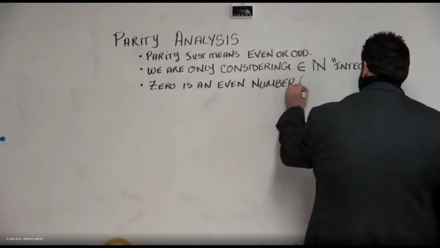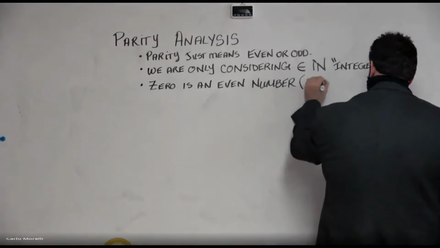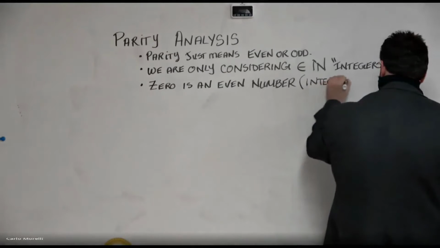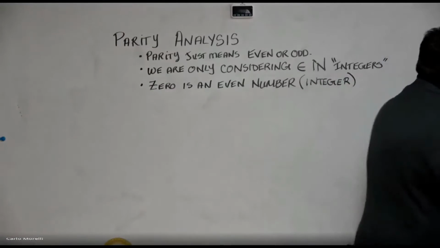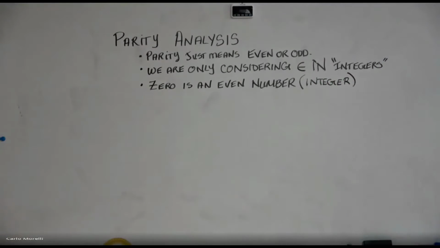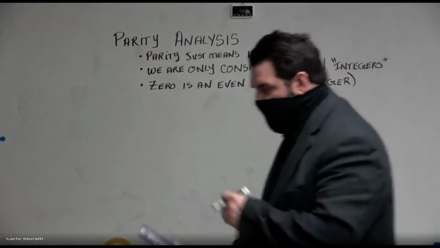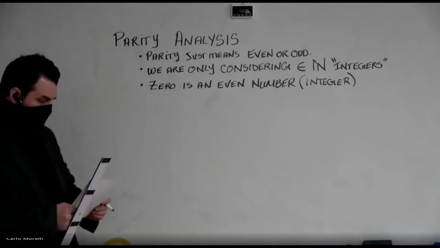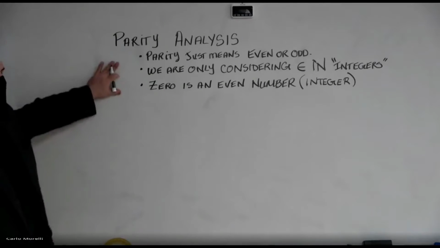Okay, and by number I mean integer. And you'll hear me just go back and forth between that usage here, and that's not rigorous, but that's what I mean. I mean number, I mean integer. Okay, so we got this out of the way.